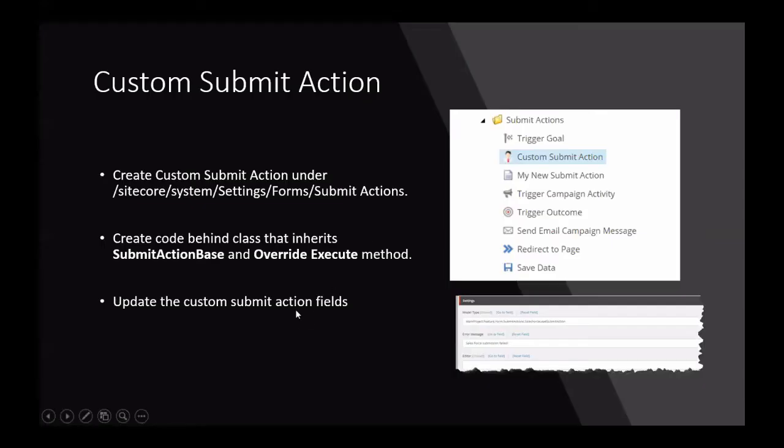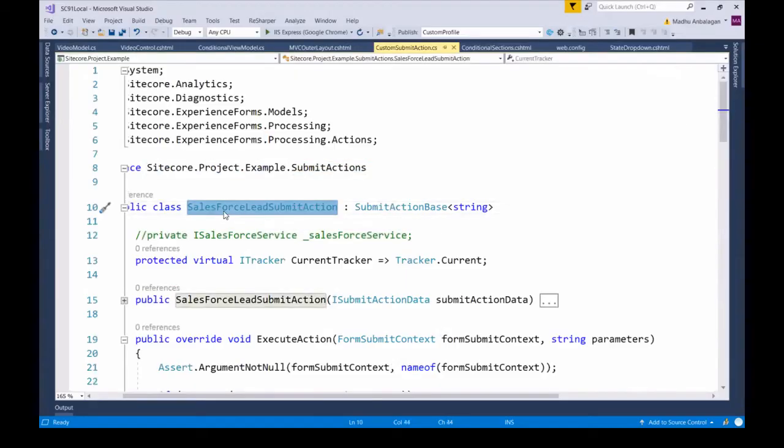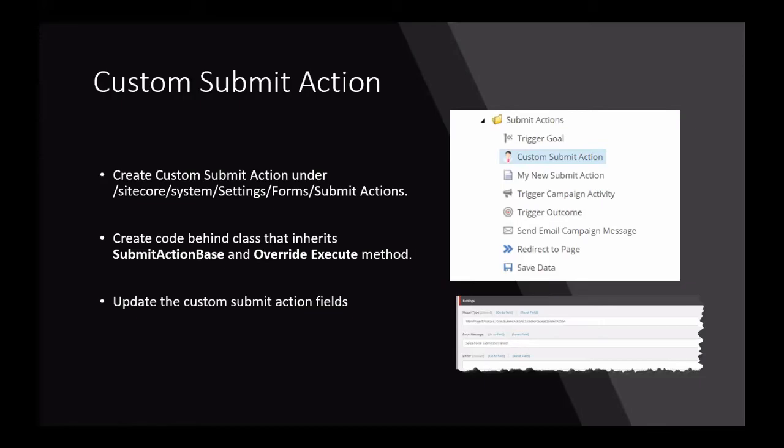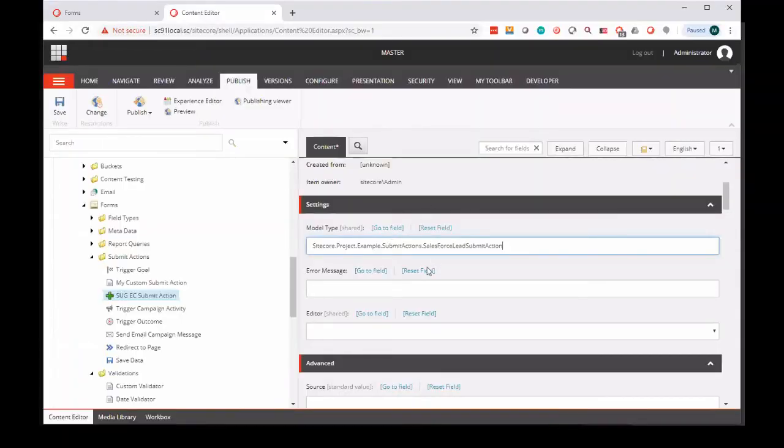Copied my namespace. Sorry, I just need to go multiple times. And here is my model type, which you need to fill out with what you have created on the backend. The error message I'm going to give is whatever, custom submit action failed.